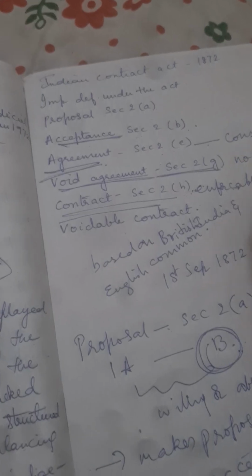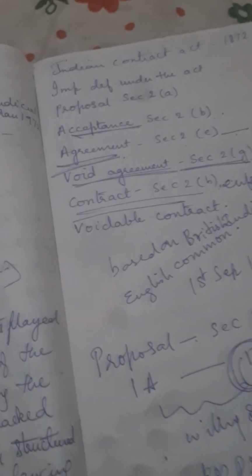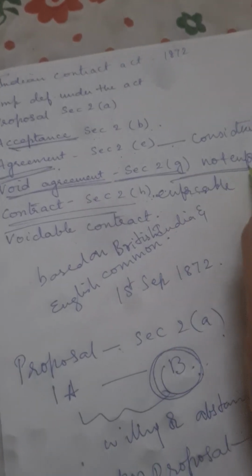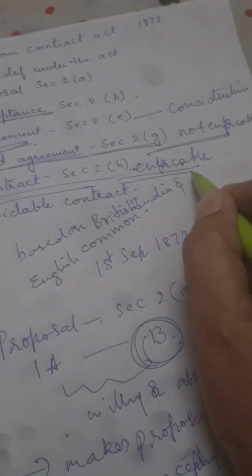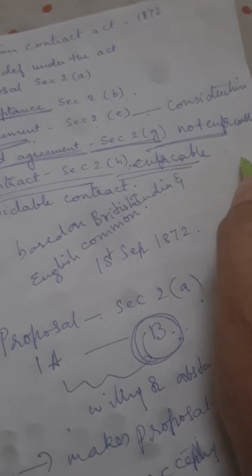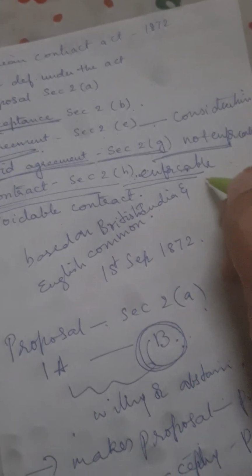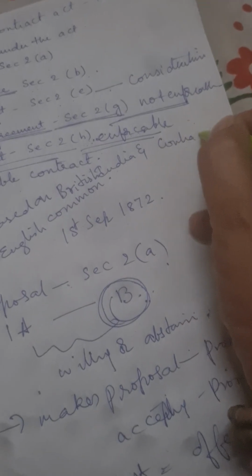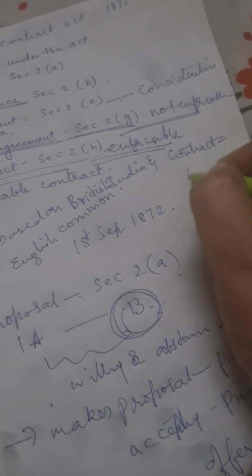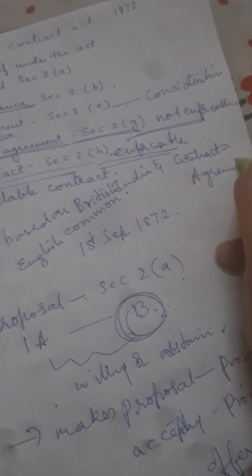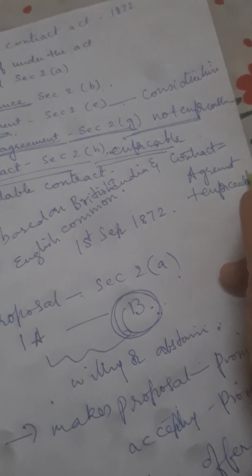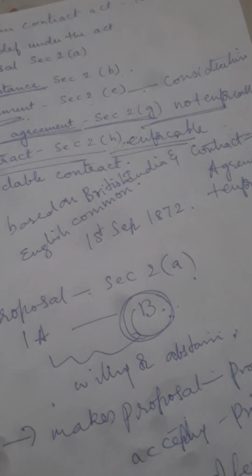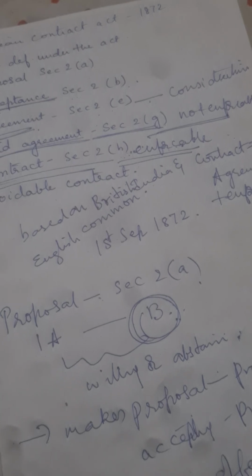A void agreement means not enforceable by law, while a contract is enforceable. In simple words, contract is nothing but agreement plus enforceability. Okay, that is about contract.